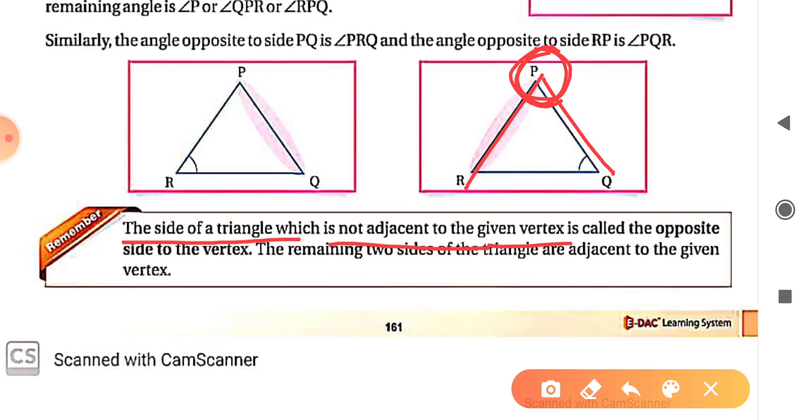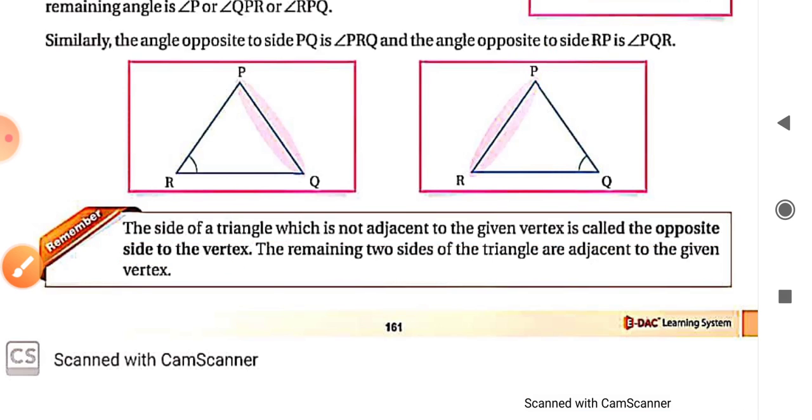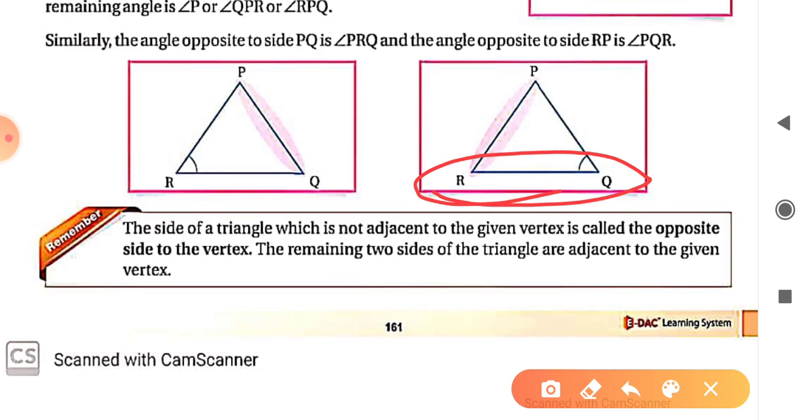These are adjacent, but the side which is not adjacent to vertex P is RQ. So RQ is the non-adjacent side of vertex P, and it is called the opposite side to the vertex. So we will say that RQ is the opposite side of vertex P. The remaining two sides of the triangle are adjacent to the given vertex.